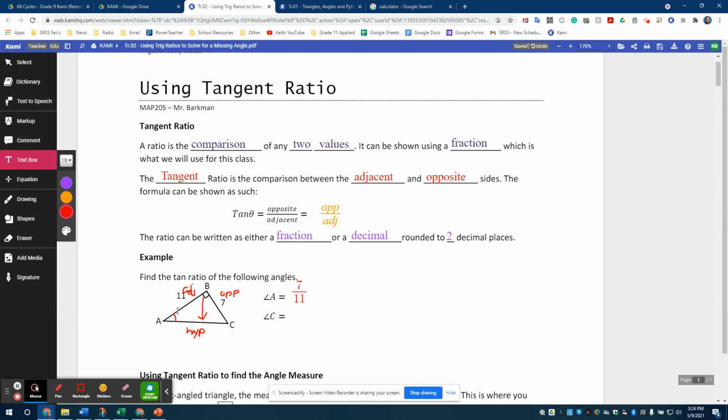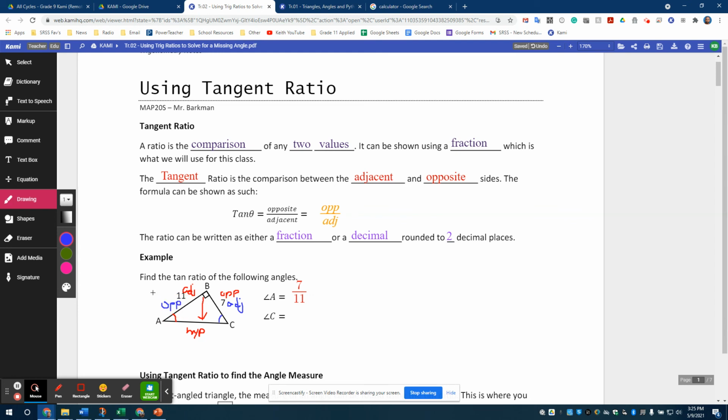Now, our tan ratio for C is different, because our ratio is dependent on the angle. The angle C, I'm going to do in blue. The hypotenuse is still the same. But now this side is our adjacent, and this side is our opposite. So our opposite and adjacent switch.